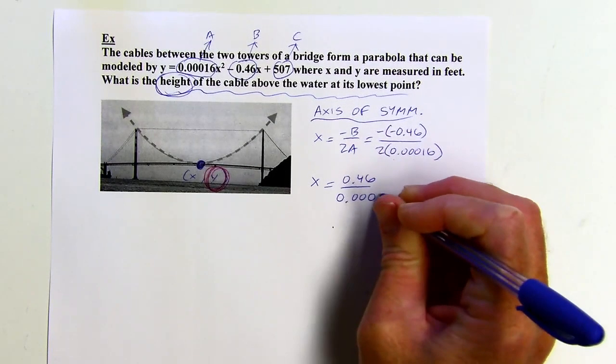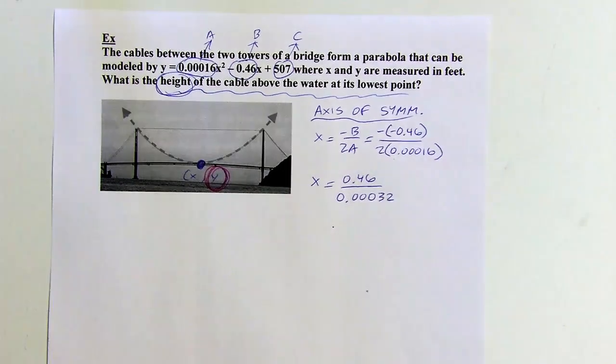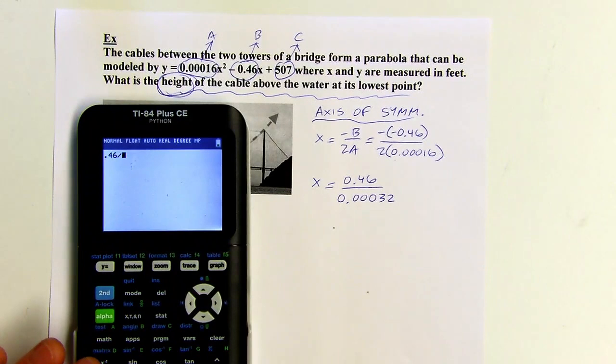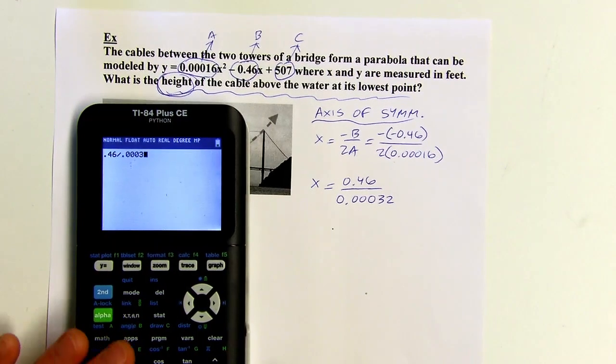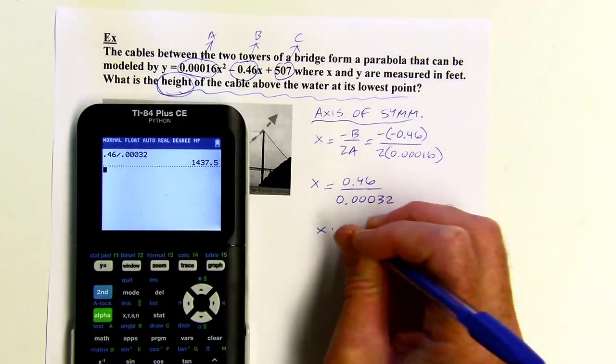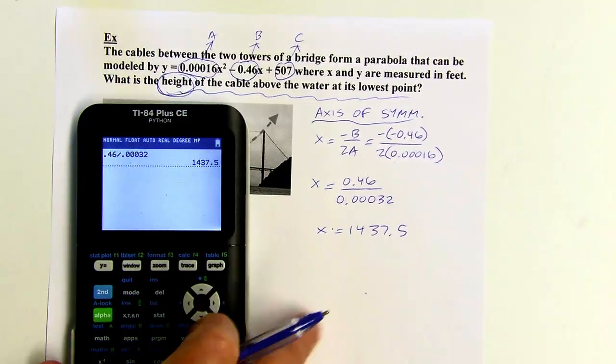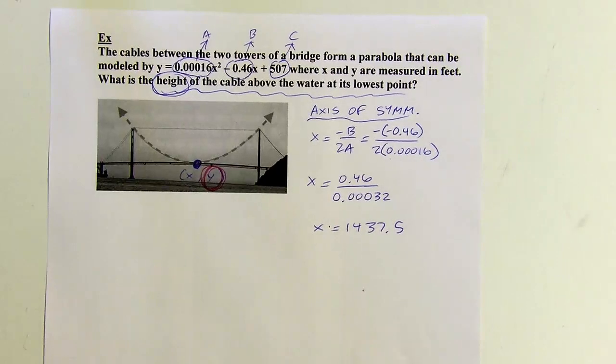And then I'm going to put that in a calculator because I don't want to do that division by hand, but I've got 0.46 divided by 0.00032, and I've got this number, which is 1437.5.